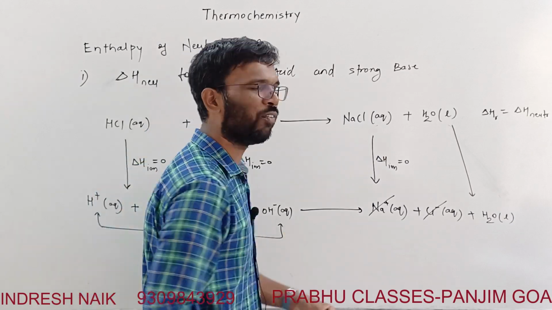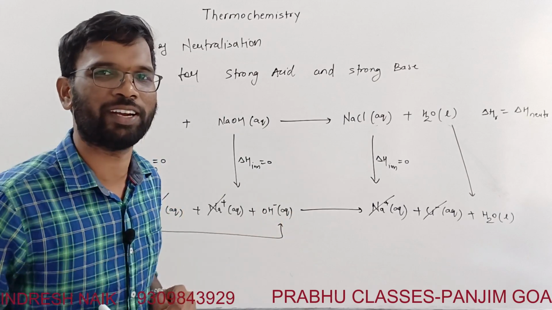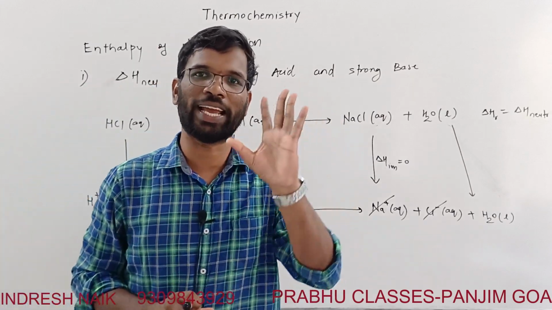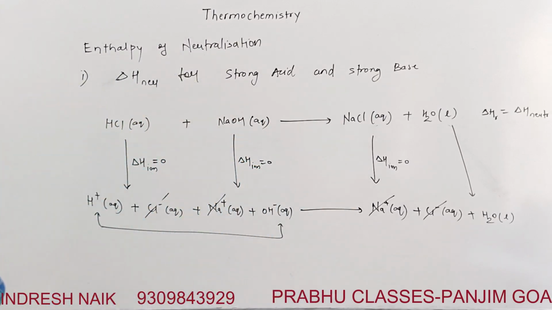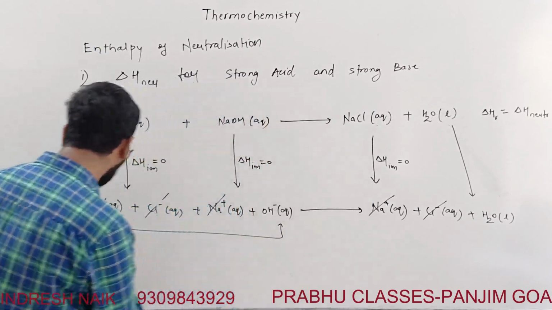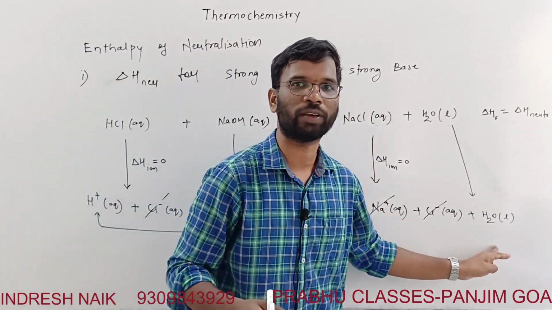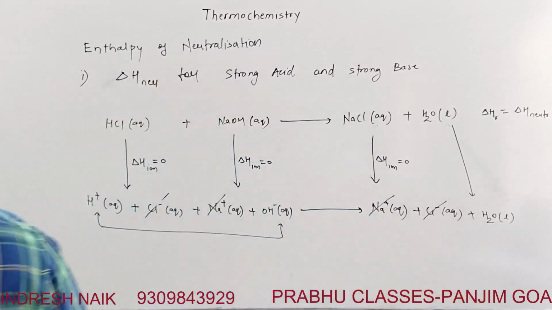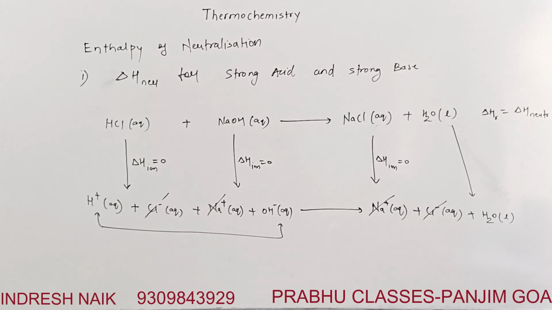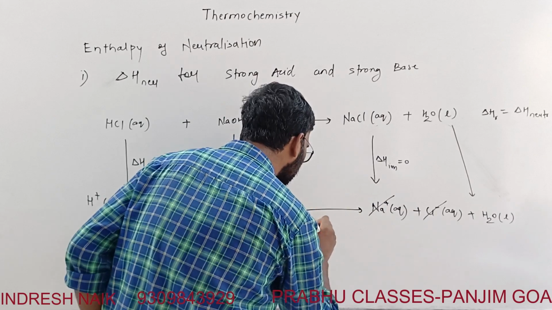So whenever ions combine, energy is released. Whenever energy is released, it is called an exothermic reaction. And what is the value? This is given over here for the combination of H plus and OH minus that will lead to liquid water.